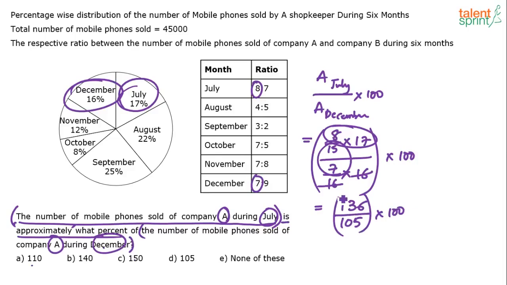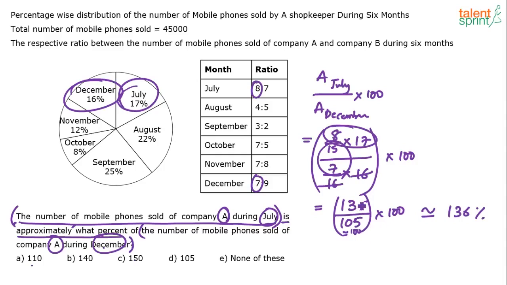But the actual denominator is more. When the denominator increases, the value decreases. Try to understand. Assuming that the denominator is 100, it becomes approximately 136%. What am I doing? I am assuming this to be 100.